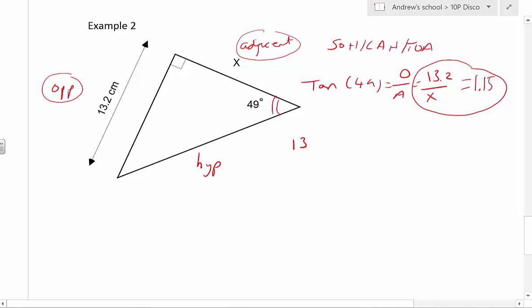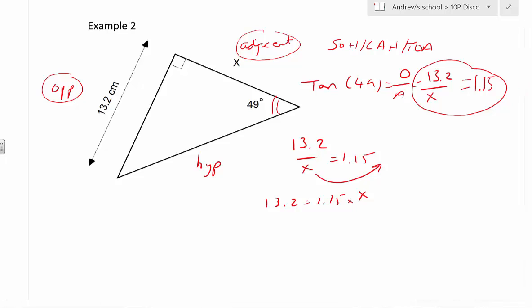So 13.2 divided by x is 1.15. So multiplying up by x, 13.2 is 1.15 times x, but I don't want 1.15x, I just want x by itself, so I need to get rid of the multiplication by 1.15, so x is just 13.2 divided by 1.15.